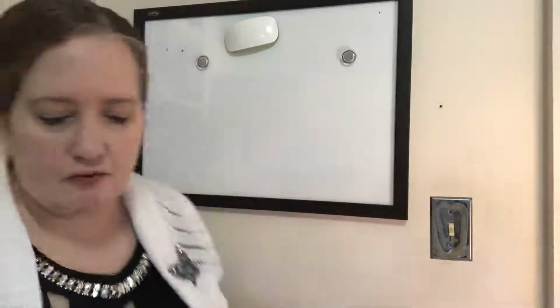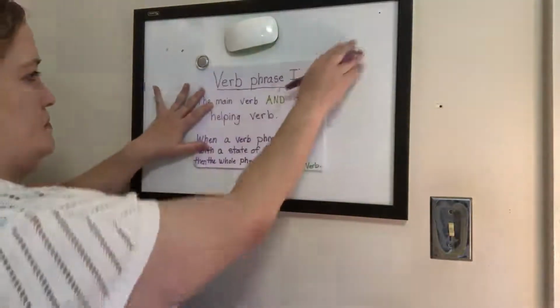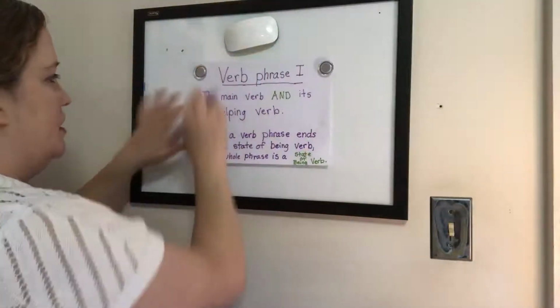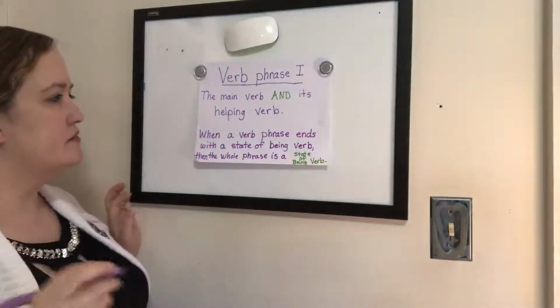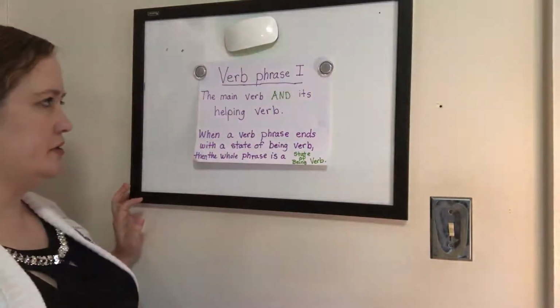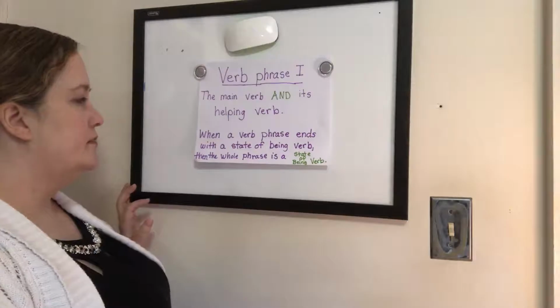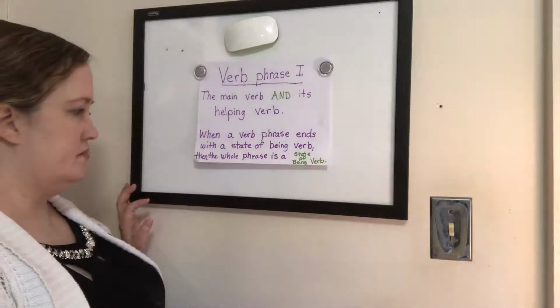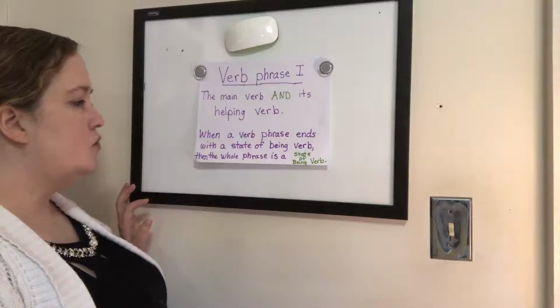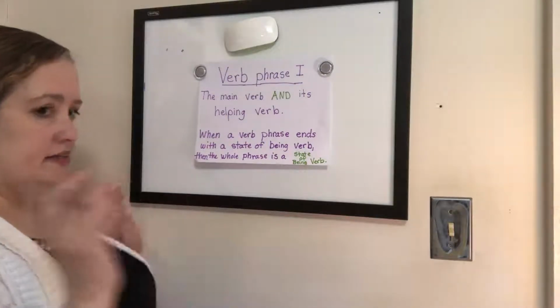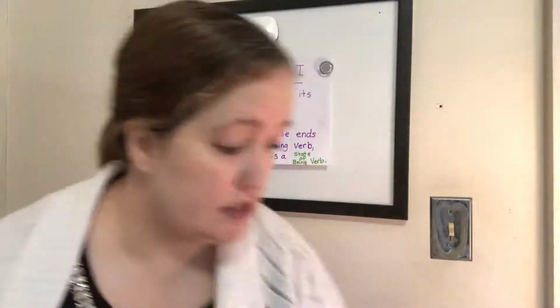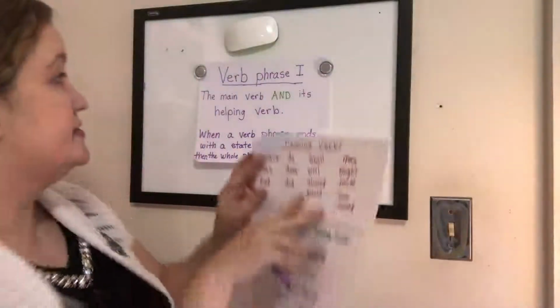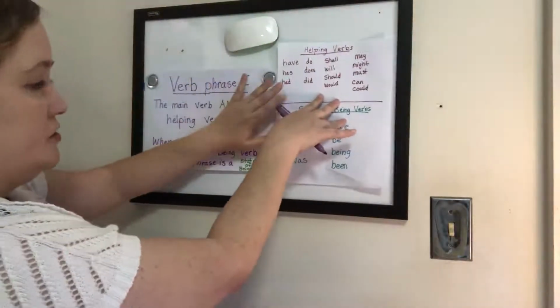When you have a verb phrase, the verb phrase is the main verb and its helping verb. So when a verb phrase ends in a state of being verb, then the whole phrase is a state of being verb. And let's review the state of being verbs.